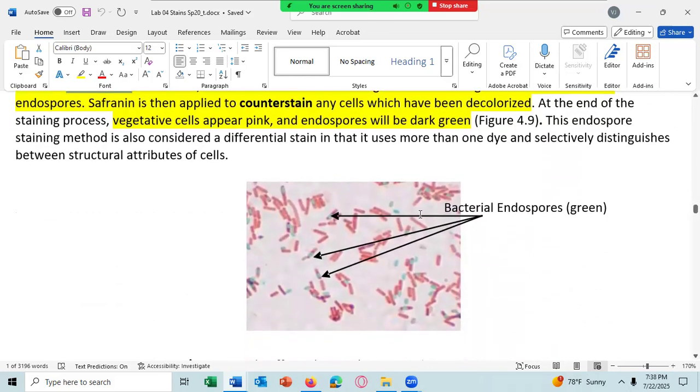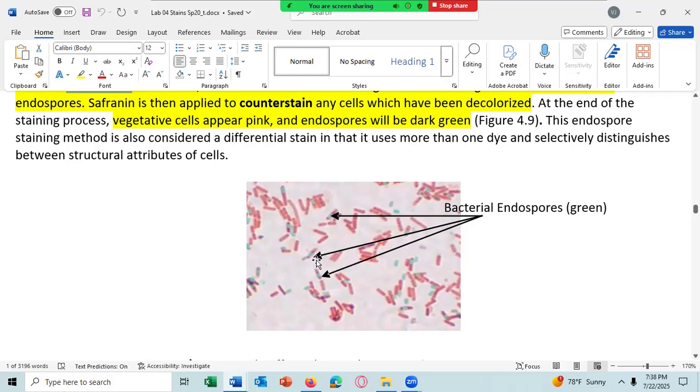Here we see an endospore which has come outside of the parent cell. You'll note that it is coccobacillus in shape. And there's the parent cell or the vegetative cell. And you'll notice that it's a rod or a bacillus with rounded ends.